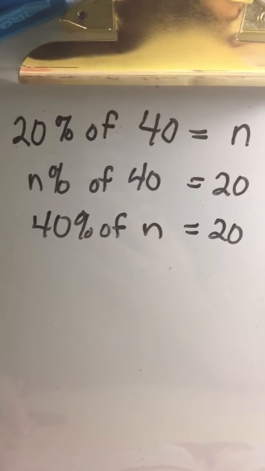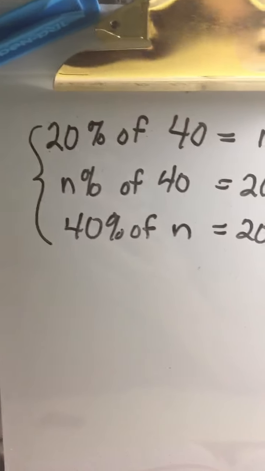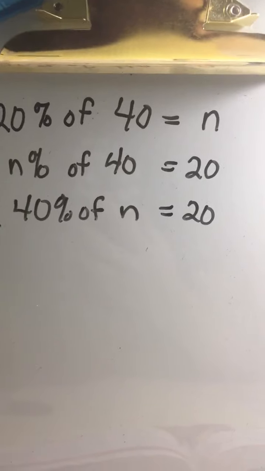This is why it's very important, as you're reading it, that you're setting your equation up correctly. If you don't set your equation up correctly, you're going to get the wrong answer because you're looking for the wrong piece. And if you put the numbers in the wrong order, then you're going to get the wrong answer.